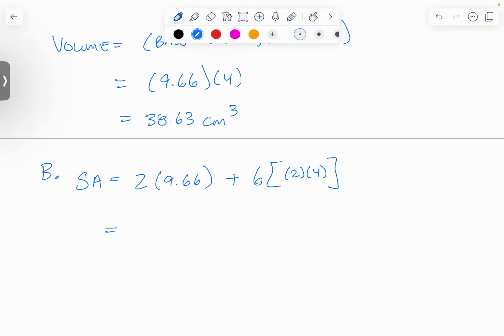And so surface area, neither volume nor surface area are overly complicated as far as the calculations go, but it's just about keeping track of all the sides of the object. That's what we want to make sure we're focusing upon.